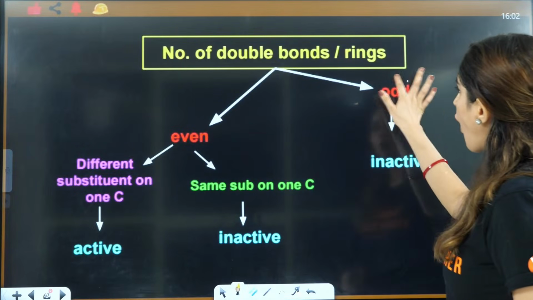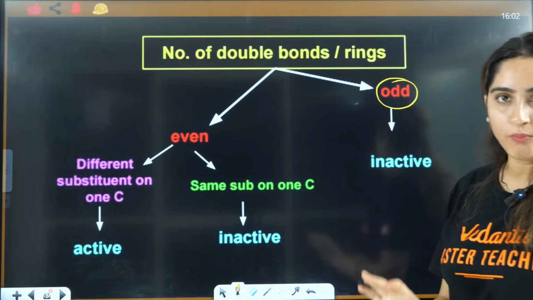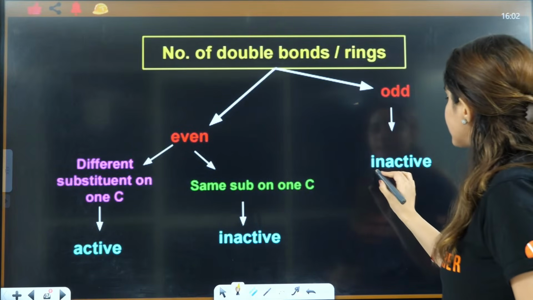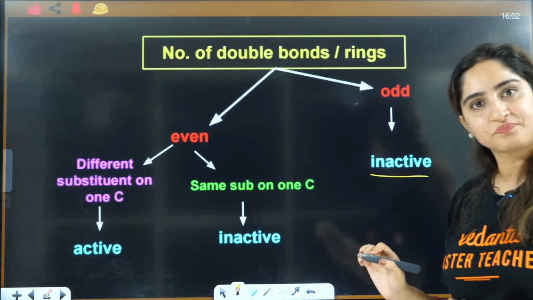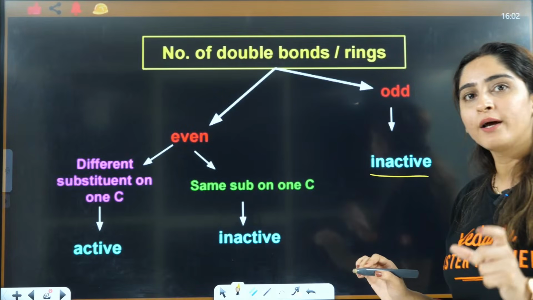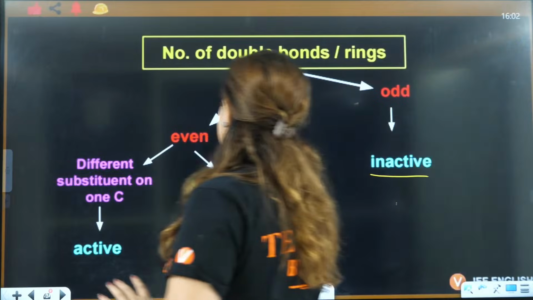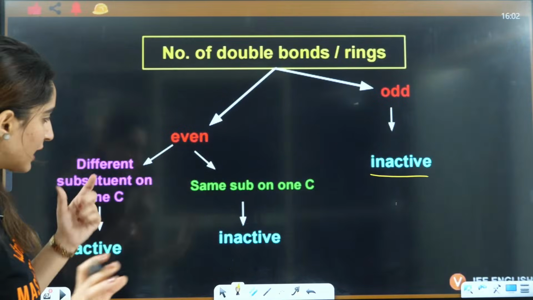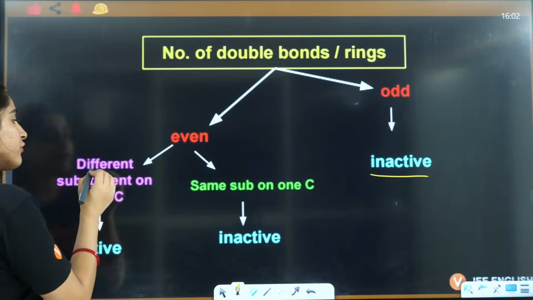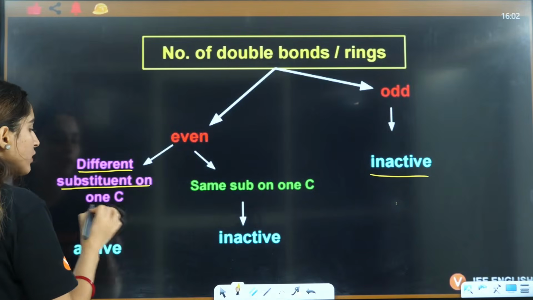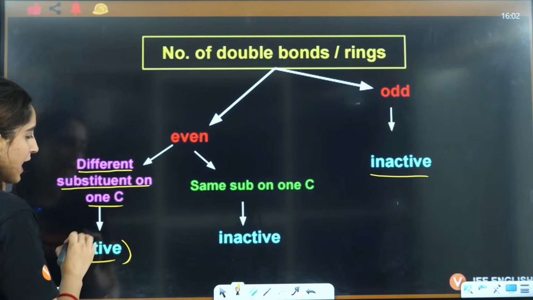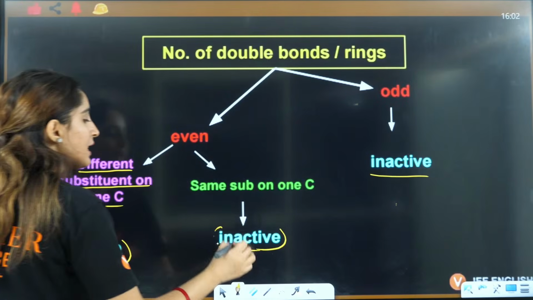If you have an odd number of double bonds, then it is an inactive compound, right. If you have an even number of double bonds, then if there are different substituents on each end carbon, only then it is active, otherwise it is an inactive compound.